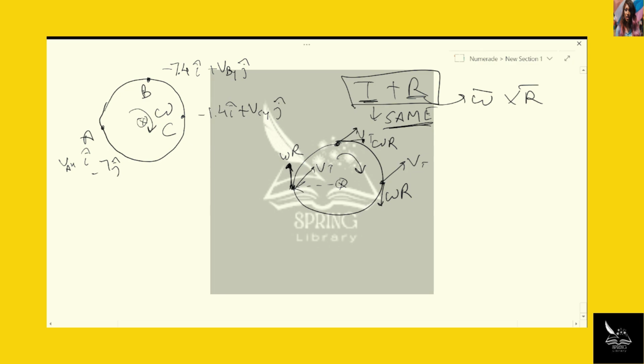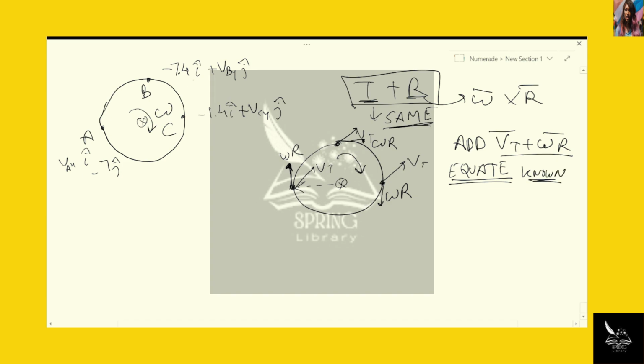Okay. Then what we did is we broke down the components. We added Vt and omega r as vectors, of course, because these are vector quantities. And then we equated the known components.